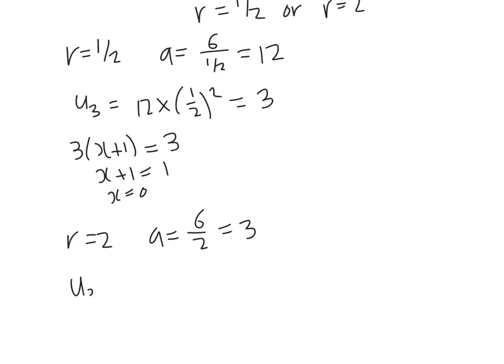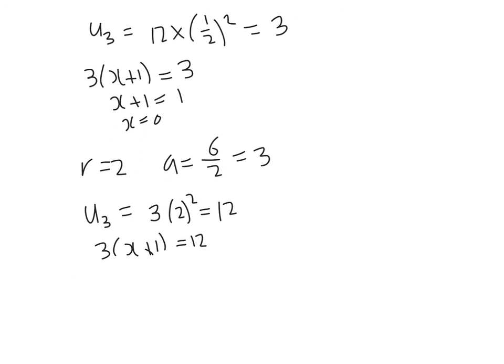And then u3 is ar squared. So 3 times 2 squared, which is 12. And then we know that u3 is 3 brackets x plus 1.